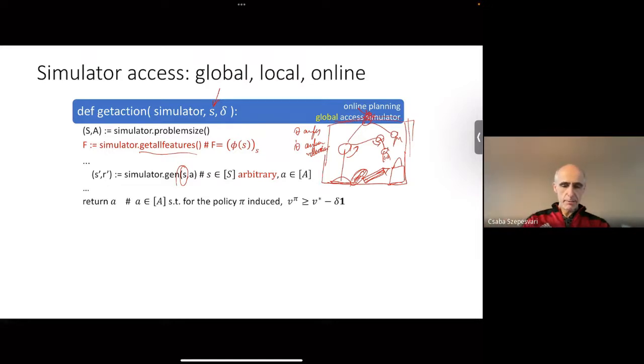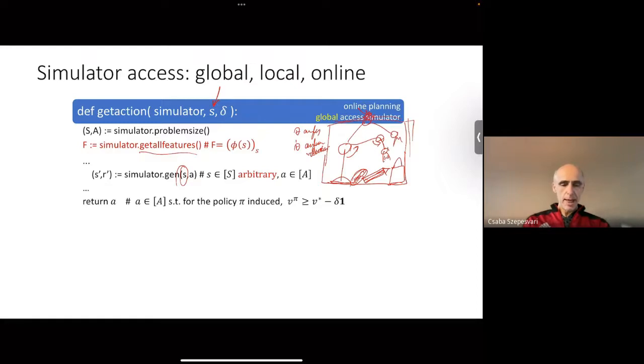But here the interface is really simple. We want states to come in, we want our algorithm to be able to process what state means, and so on and so forth. So this is a mess, right? This global access is really, really hard to achieve.